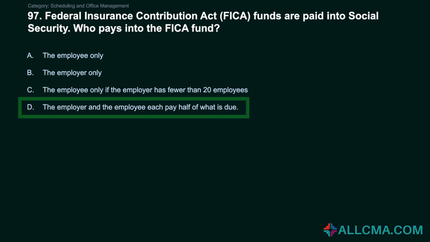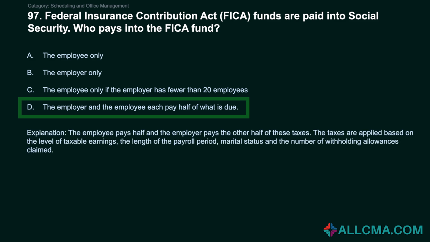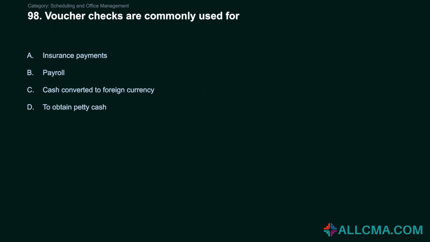Correct answer: D. The employer and the employee each pay half of what is due. The employee pays half and the employer pays the other half of these taxes. The taxes are applied based on the level of taxable earnings, the length of the payroll period, marital status, and the number of withholding allowances claimed.